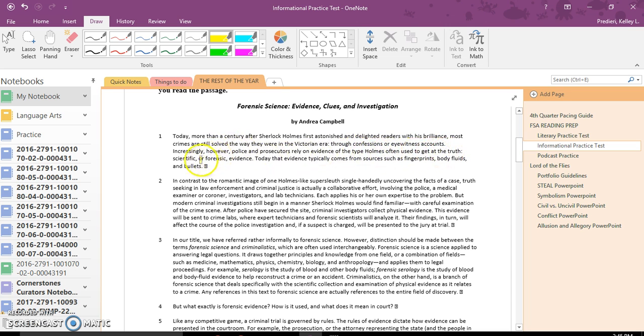Okay, so here we go. Police and prosecutors rely on evidence of the type Holmes often used to get at the truth. Scientific or forensic evidence. Today, that evidence typically comes from sources such as fingerprints, bodily fluids, and bullets.